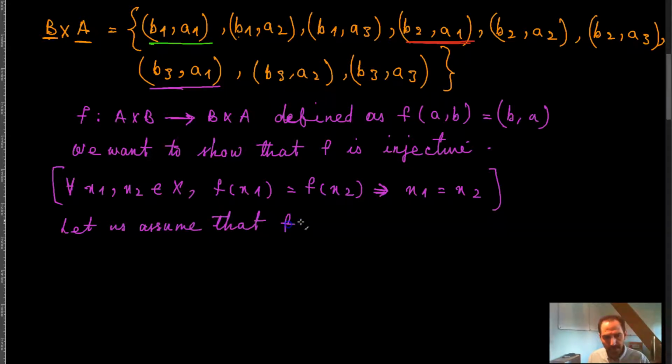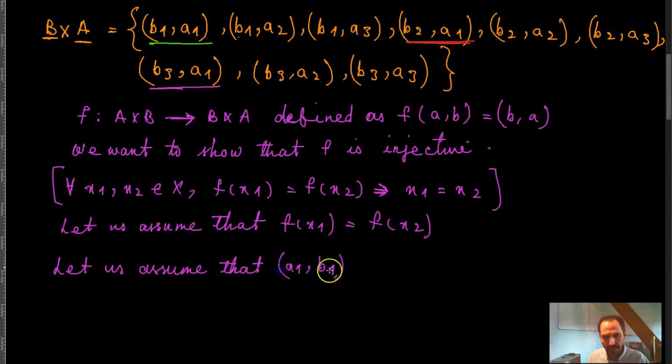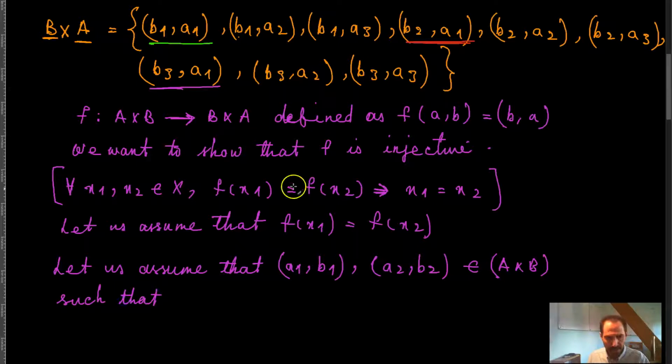Let us assume that, for example, some A1 B1 and some A2 B2 belong to the domain of this function, which is the Cartesian product of A and B, such that f of this is equal to f of this, meaning that f of x1 is equal to f of x2.